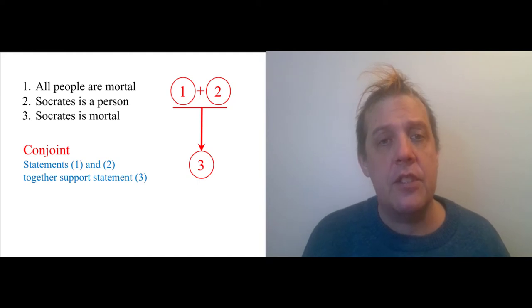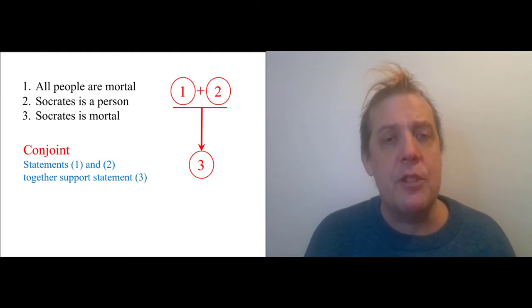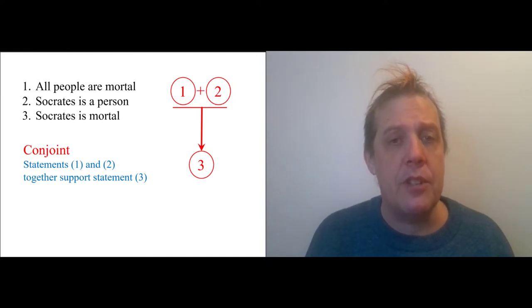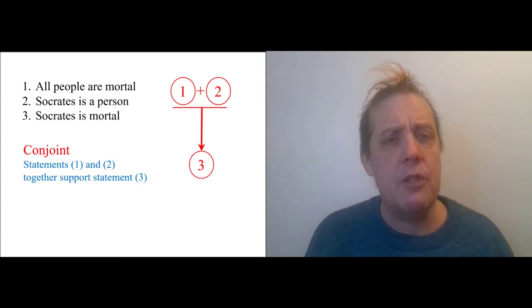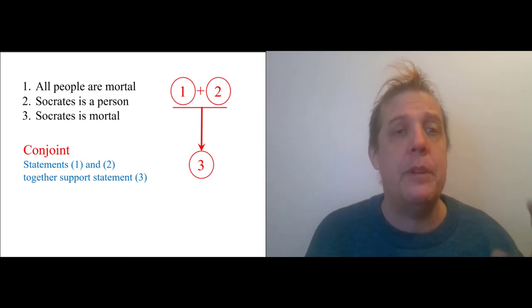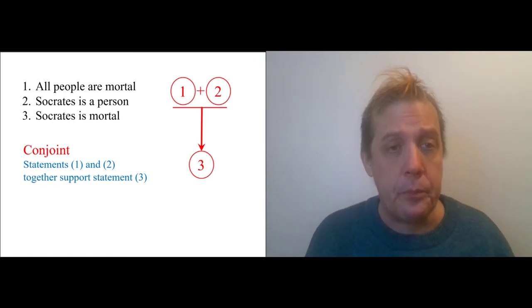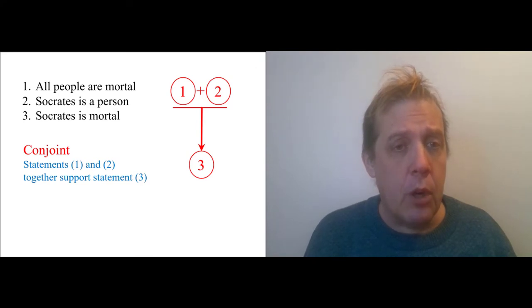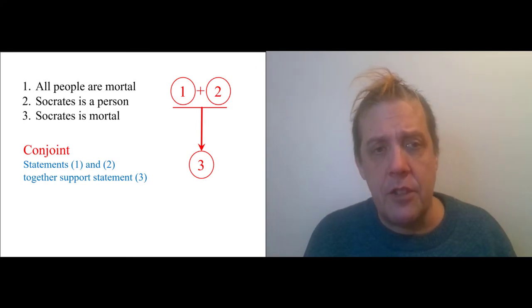That is to say, we're now representing something not just about the premises. We're not just representing that 1 and 2 are premises. We're saying another thing about them. We're saying that those two things work together. That is, neither on their own would be sufficient for the conclusion. All people are mortal, therefore Socrates is mortal doesn't work.